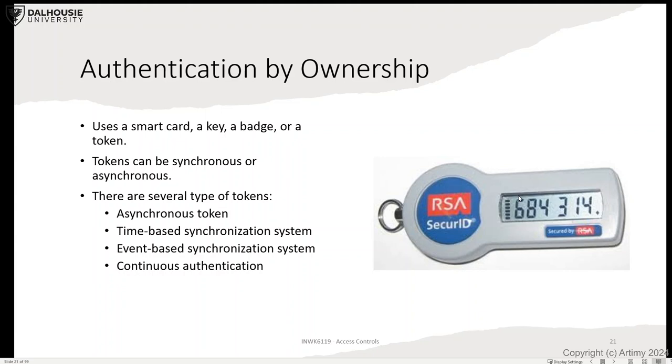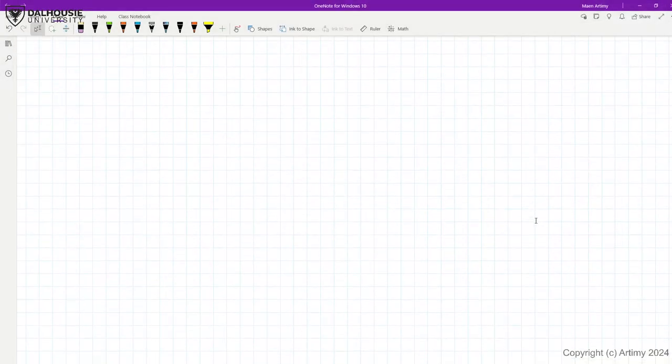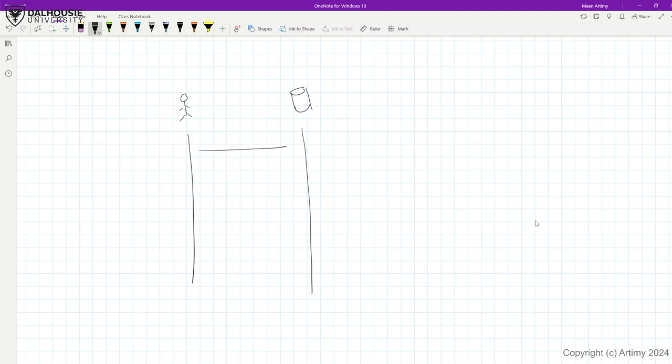So how it works, generally speaking, there are different types, but generally speaking, you go to the client, in this case the user, and try to access a system. The login process includes the username, so that's the ID.